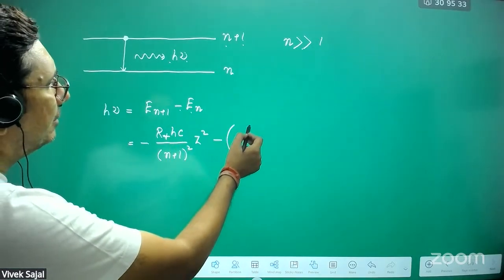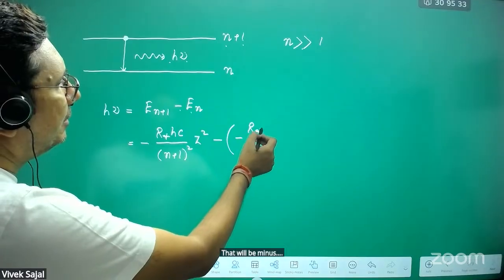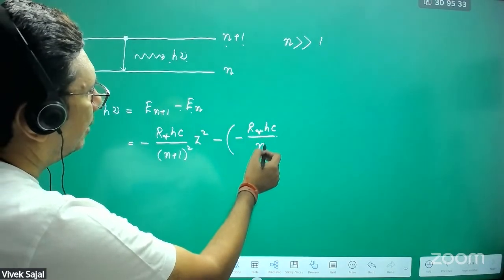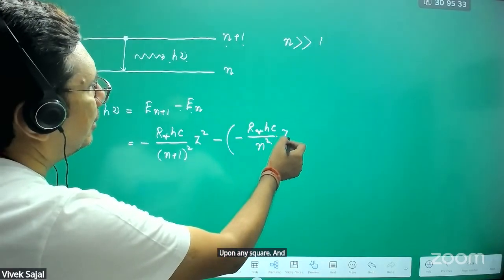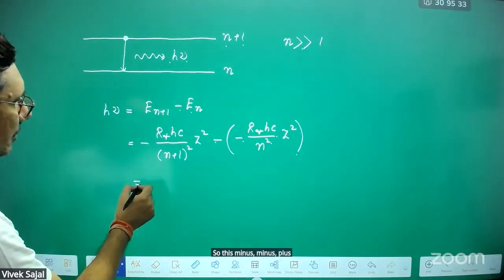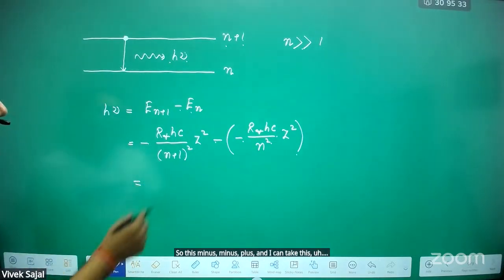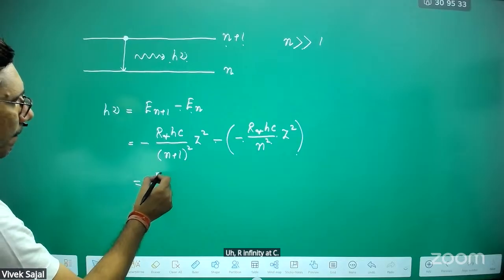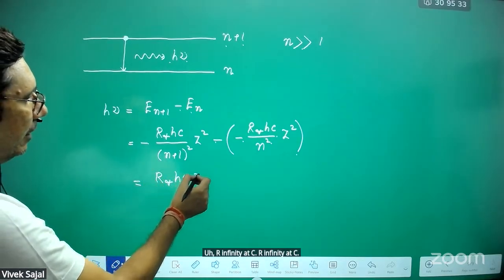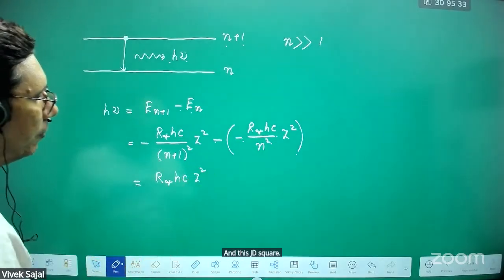That will be minus R infinity Hc upon n square, and this will be Z square. So this minus minus plus, and I can take this R infinity Hc and this Z square common.